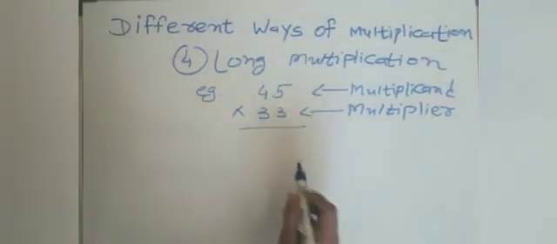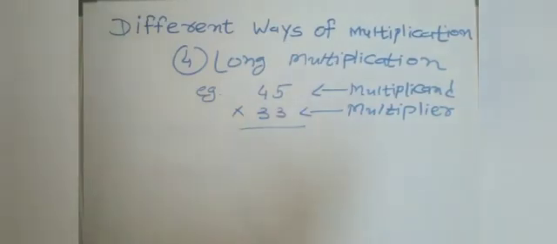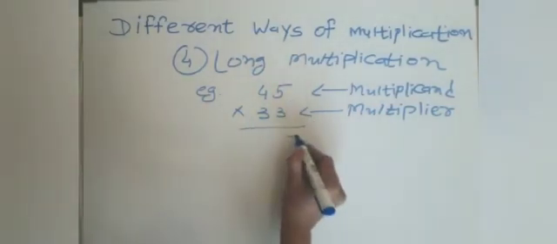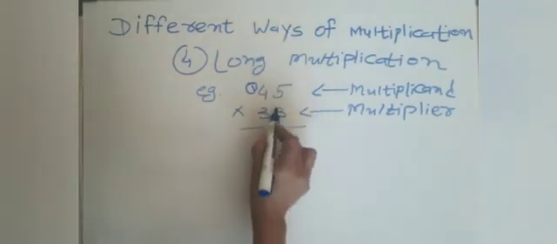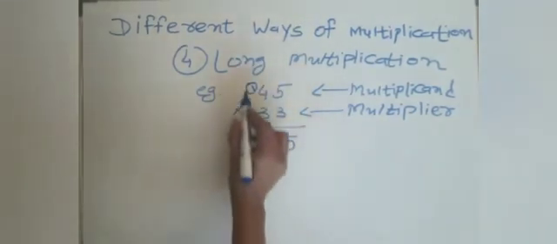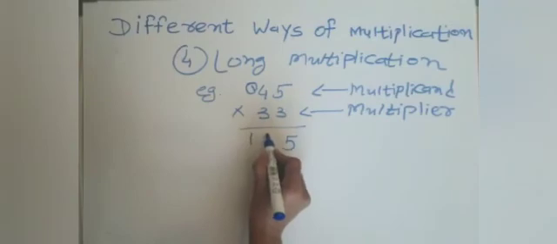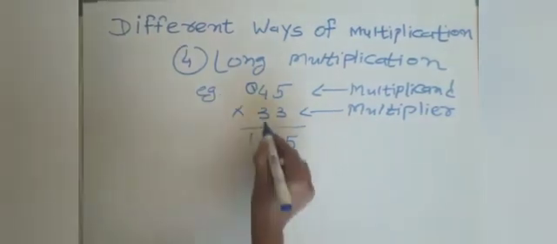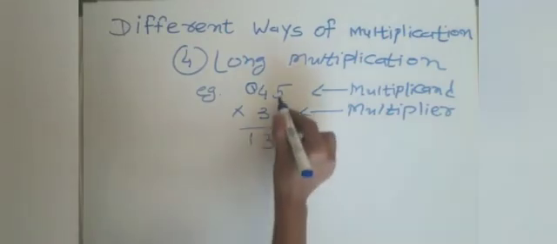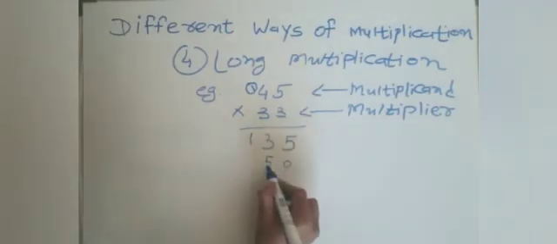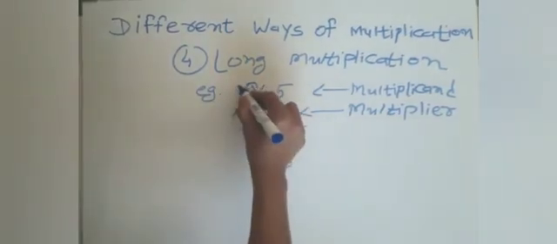Start multiplying with the ones place value. 5 threes are 15. Carry forward one. 3 fours are 12 plus 1 is equal to 13. It is the tens place value, so put a 0 here. 3 fives are 15. Add the one here.